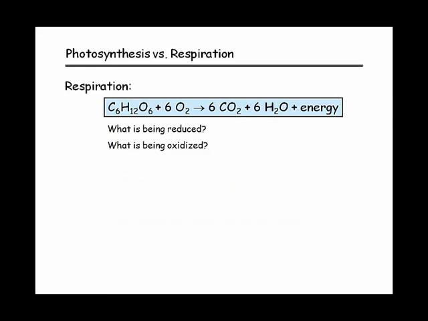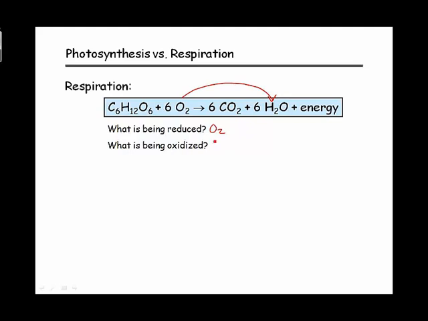If we look at the respiration equation again, we want to very much be aware of what's getting reduced and oxidized in this process. Respiration was a bunch of redox reactions. There were a lot of individual ones that took place. But ultimately, what is going to get reduced in this process is going to be the oxygen gas. When oxygen gas is reduced, it turns into water.